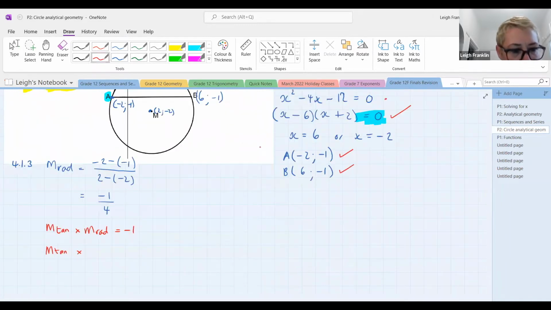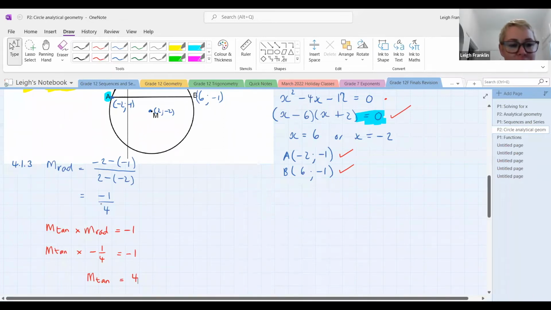So we're going to sub in -1 over 4 equals -1, and we can divide both sides by -1 over 4. That means that the gradient of our tangent is going to end up being +4. So well done to those of you that got that correct. The gradient of the tangent is 4.